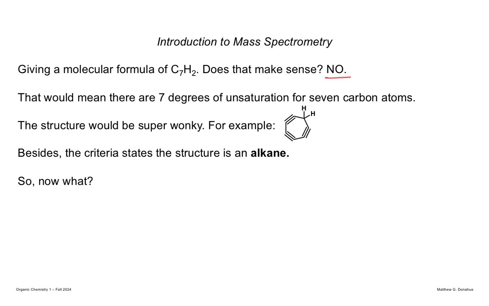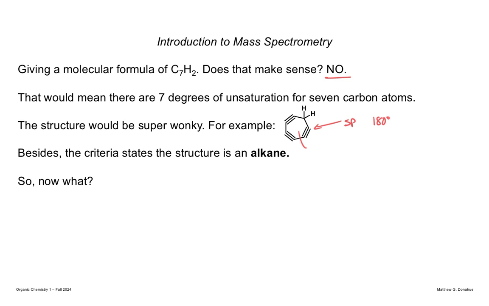And this is just a structure that I came up with, 7 carbons, 2 hydrogens, that could have 4 degrees of unsaturation. And you'll notice that looks pretty bad. You have an sp hybridized carbon. We know that those carbons have bond angles of 180 degrees.